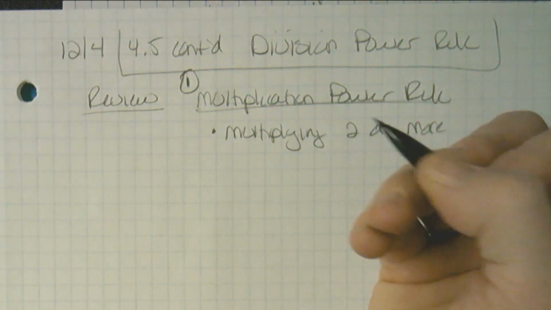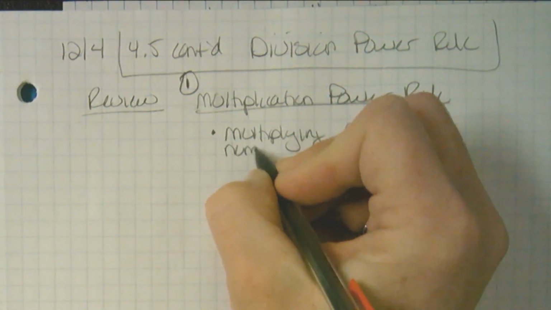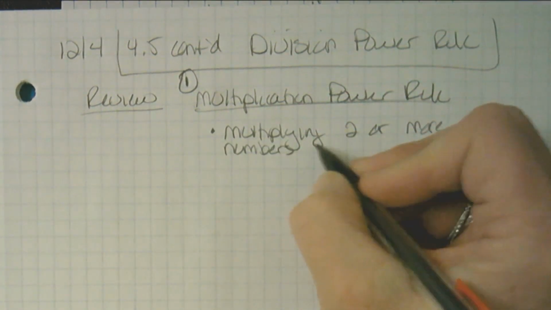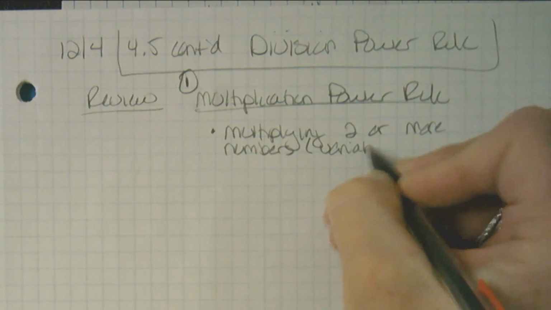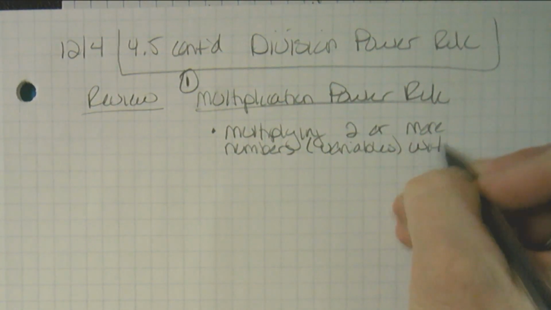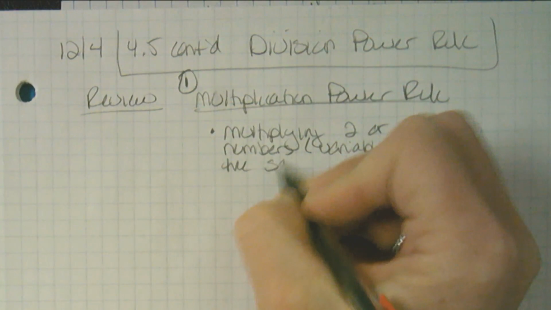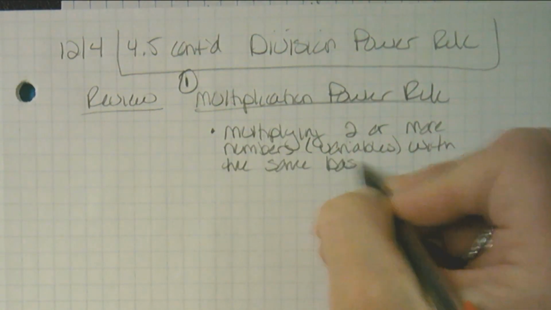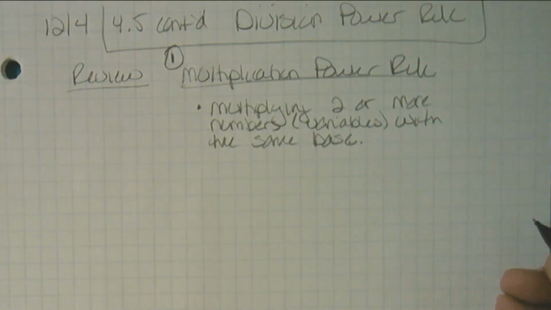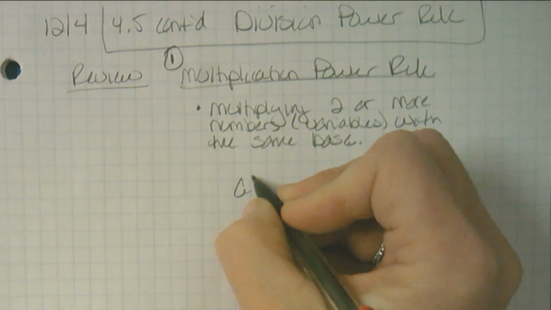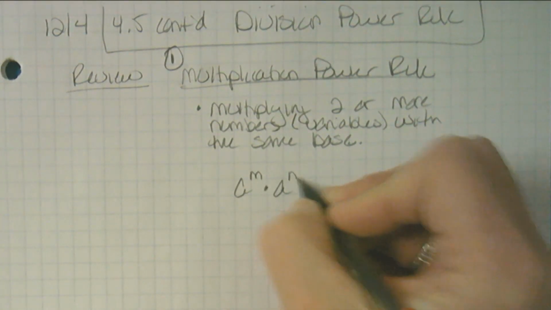I say numbers, but it's like terms, because they could be variables, with the same base. So I have a to the m times a to the n.